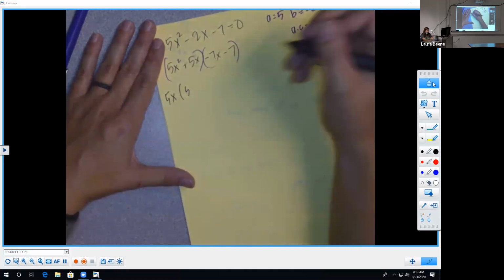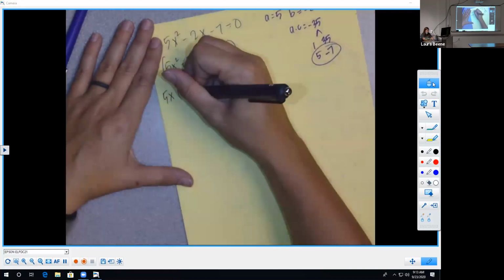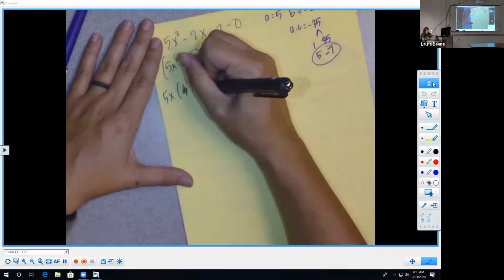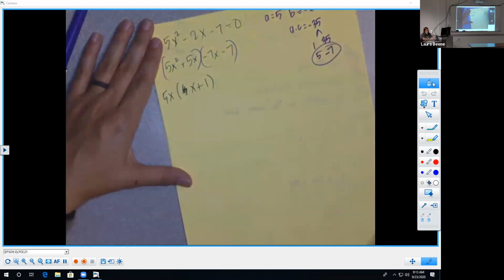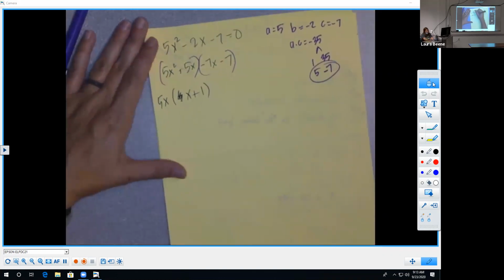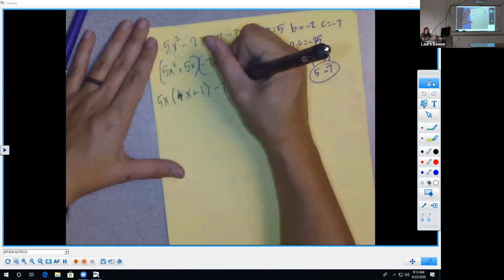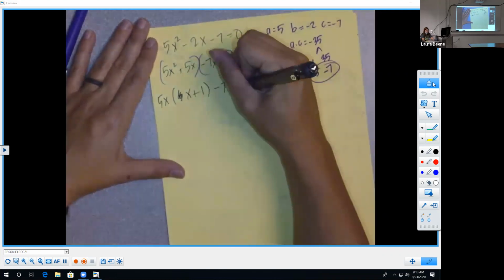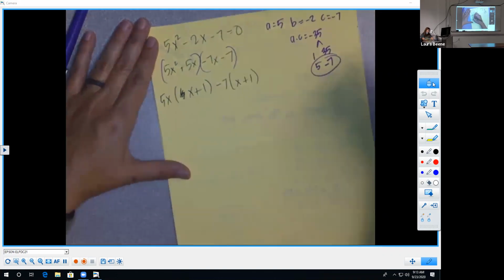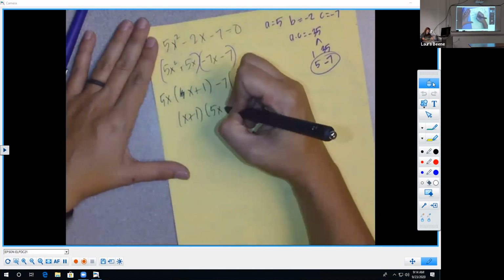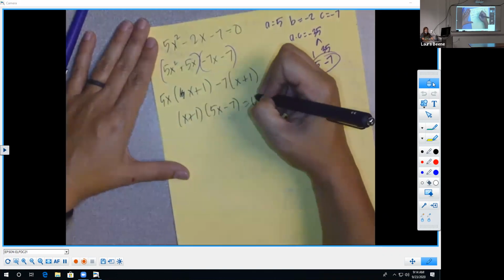Right? Left over is x plus 1. For the second two, you can take out a -7. Left over is x plus 1. And now you can pull out an x plus 1. Left over is 5x minus 7.